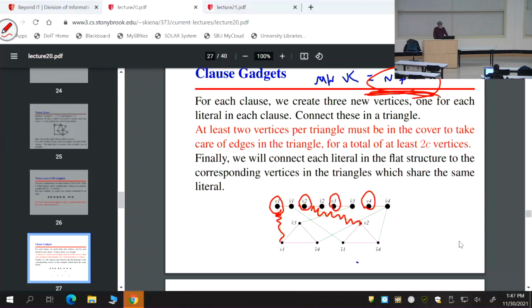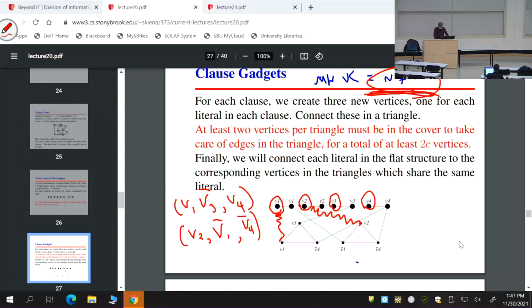Why is that? Because, again, what were my clauses? My clauses were V1, not V3, not V4, V2, not V1, V4, not V4.